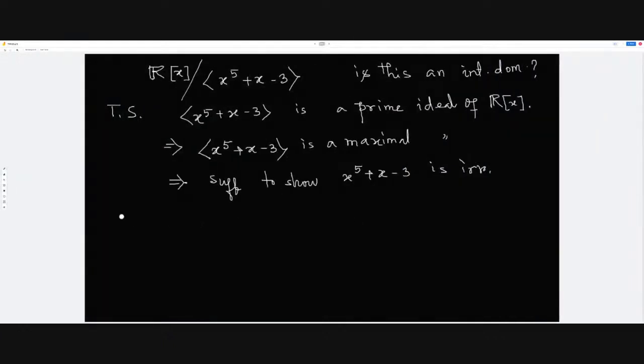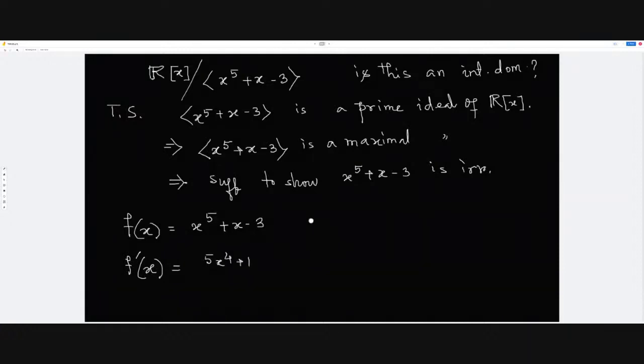Now let's take f of x equals x to the power 5 plus x minus 3. Since this is a polynomial, it is differentiable, so you have f prime of x equals 5x to the power 4 plus 1.